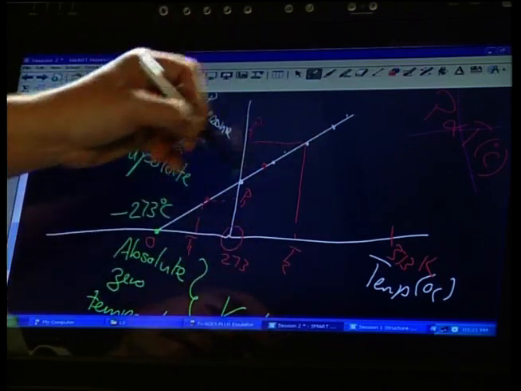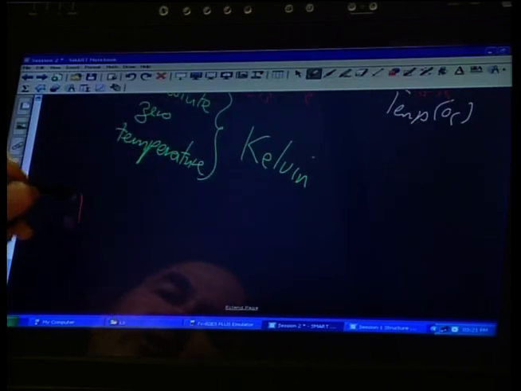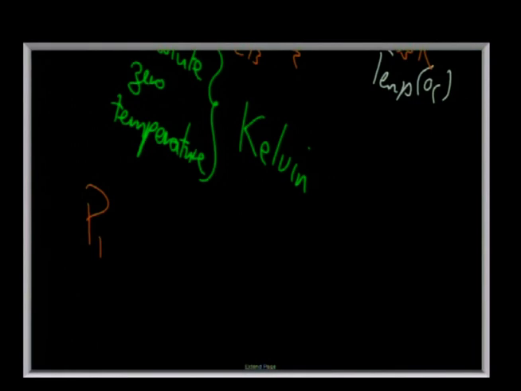The gradient is the same. It's a straight line. So there's our equation for the relationship between pressure and temperature: pressure 1 over temperature 1 equals pressure 2 over temperature 2.